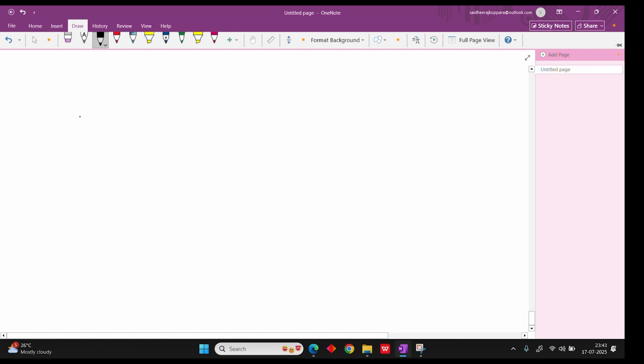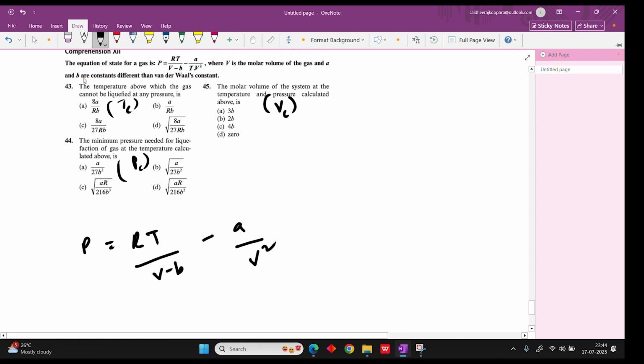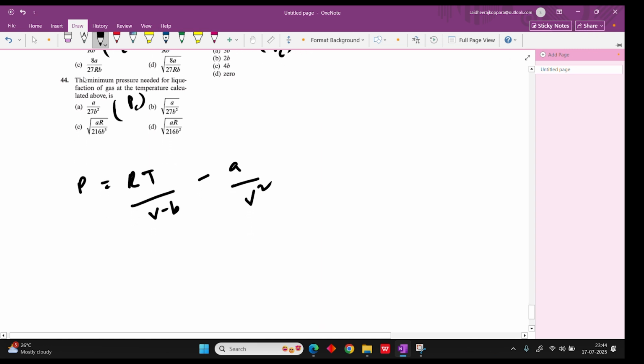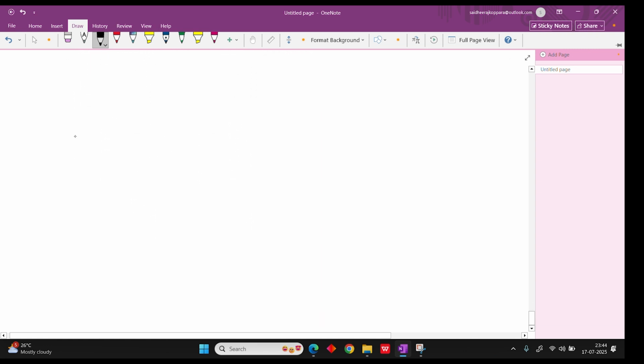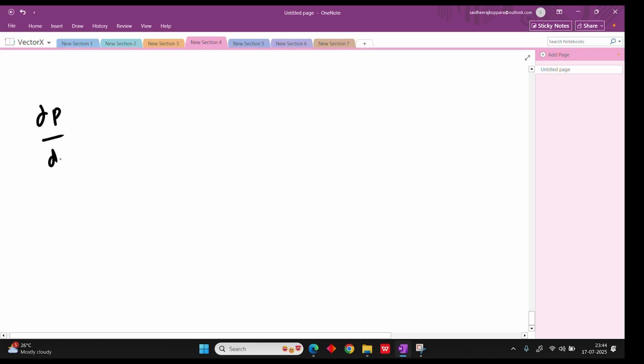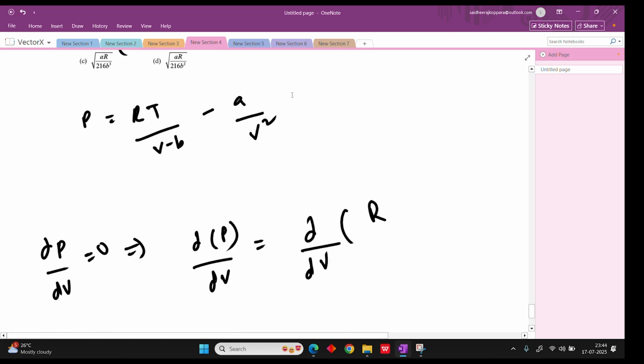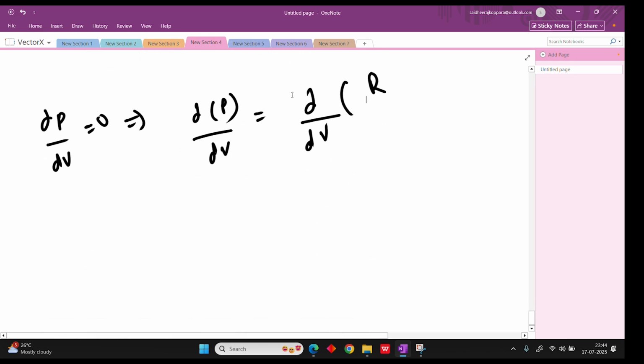Okay. So now what we are going to do is, to find PC and VC, the first thing is dP by dV equals 0. This is what we are going to perform. That means d by dV, let me see the equation, of RT by V minus b.